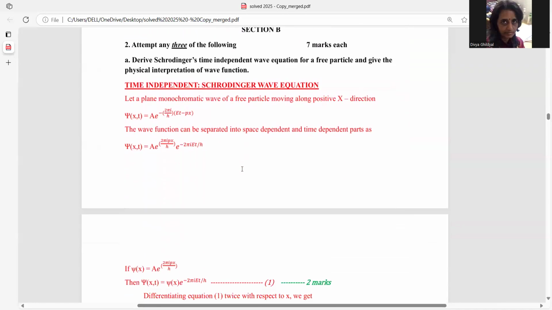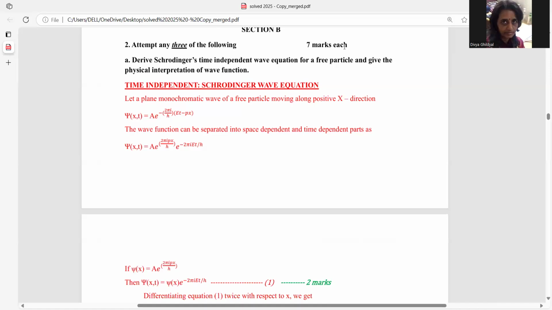Now, Schrodinger equation is one question which is asked approximately every year in a question paper. Once they give the case of time independent, other time they give the case of time dependent. So, see, time independent Schrodinger wave equation, it is a 7-mark question.